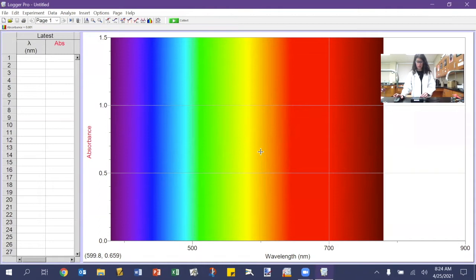So now I've zeroed out any absorbance that might be caused from the water because all of my solutions are aqueous. So let's start with our copper 2+ solution.